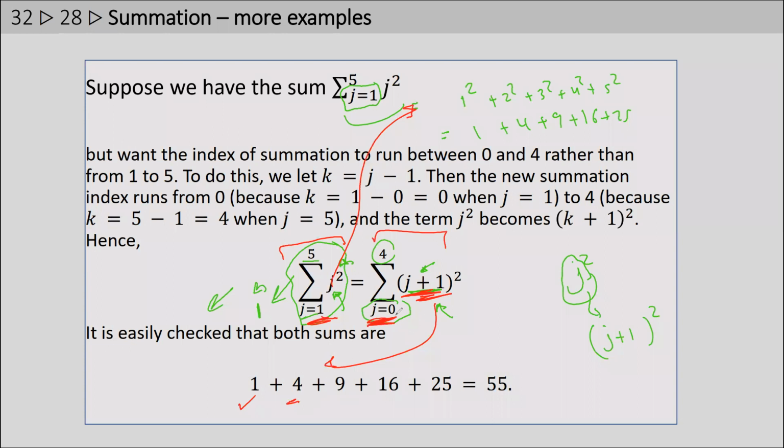The next j is 2, 2 plus 1 is 3, 3 squared is 9. The next j is 3, 3 plus 1 is 4, and 4 squared is 16. The last value for j is 4, 4 plus 1 is 5, squared to be 25. If you notice now, this is the same result as the exact value for the original summation.